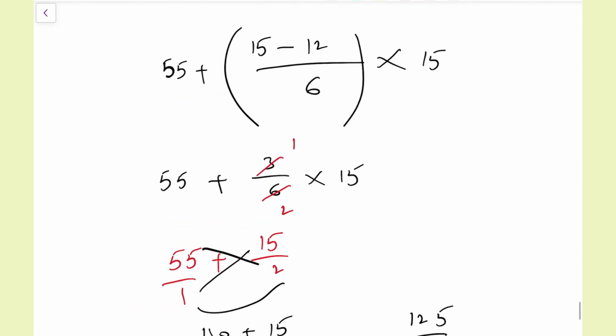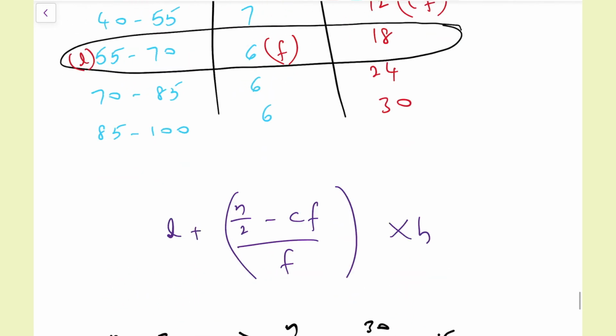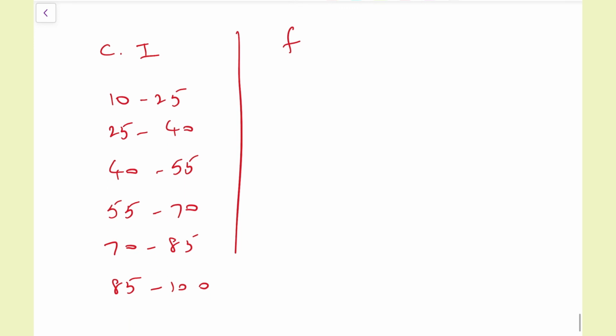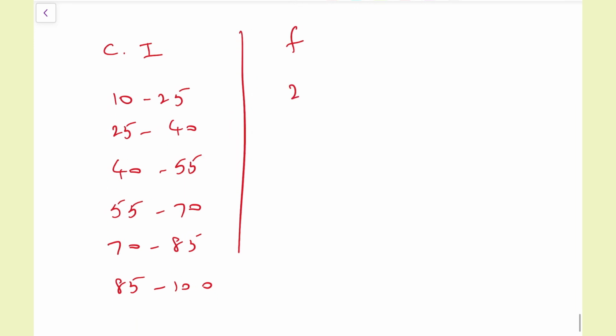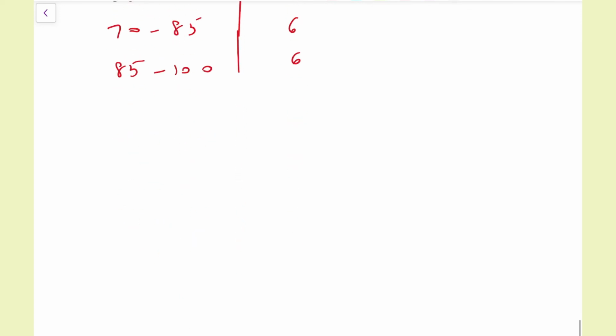Now coming to the frequencies, 2 3 7 6 6 6. Okay, now this is about mode. So in the mode, nothing extra. Now let us write the formula for mode.